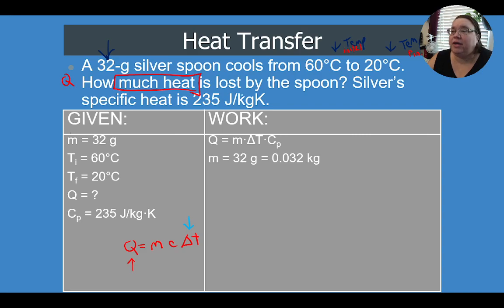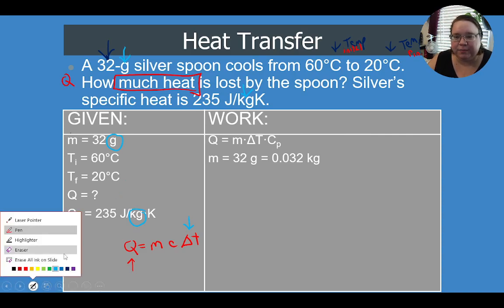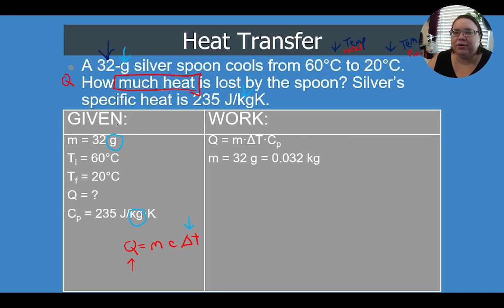Now note that my unit for specific heat is kilograms, but my unit for mass is grams. Our units don't match, therefore we're going to have to convert one to the other. In my PowerPoint, I converted grams to kilograms. So if you remember from middle school, maybe your physical science teacher used King Henry died by drinking chocolate milk.